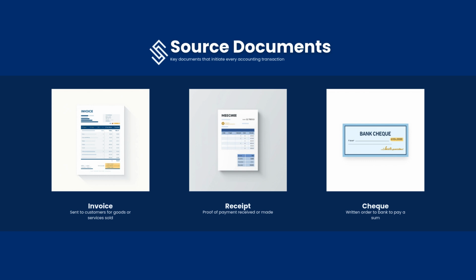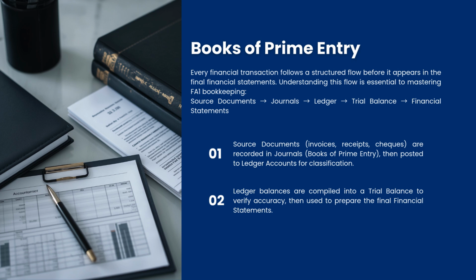Source documents. Generally, a lot of accounting transactions are concerned with documents like invoices, receipts, or cheques. So in FA1, we will be covering these. Books of prime entry.